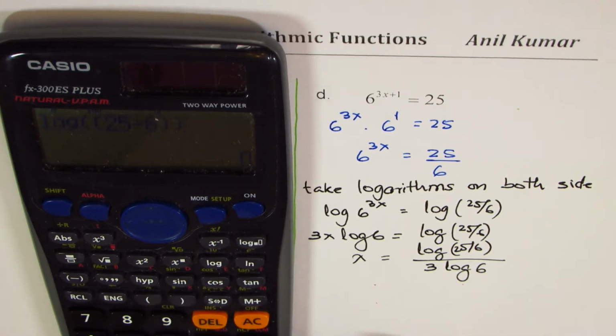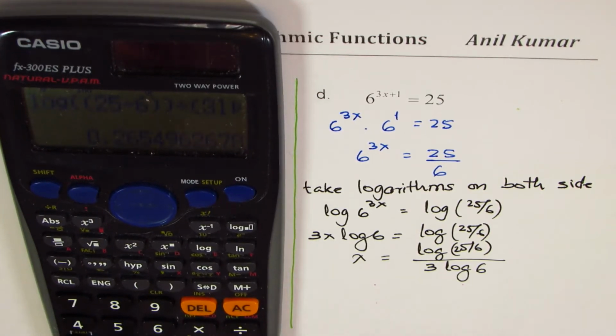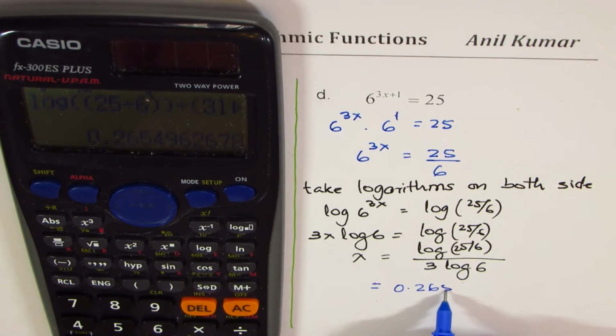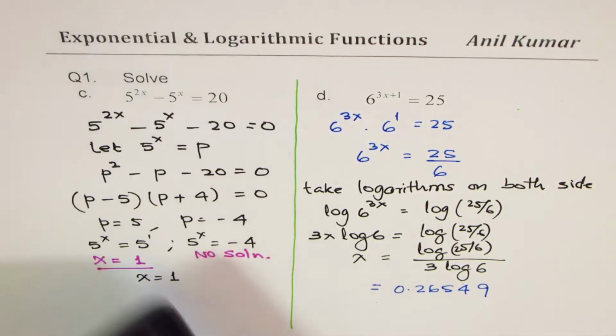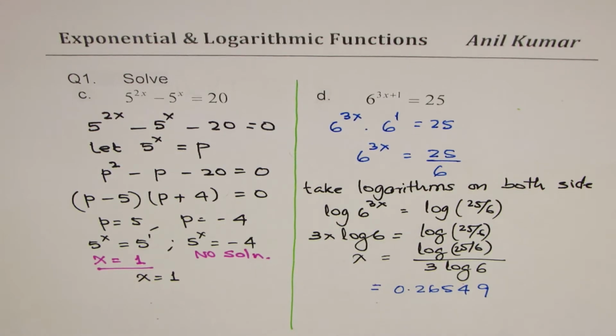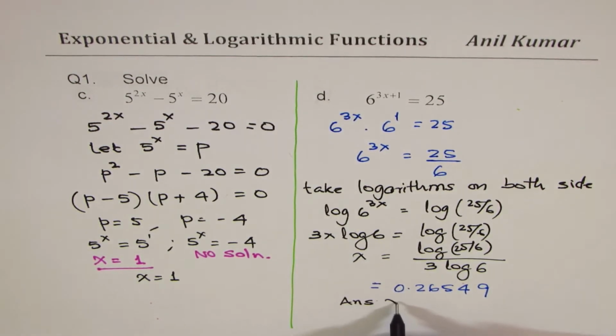So I put two brackets here, divided by, within brackets, 3 times log of 6, and that is equal to 0.26549. So that becomes the solution for the given question. At times you may like to round it to 3 decimal places. So we could write this as approximately x equals 0.265. Correct. So I hope this first question is absolutely clear.